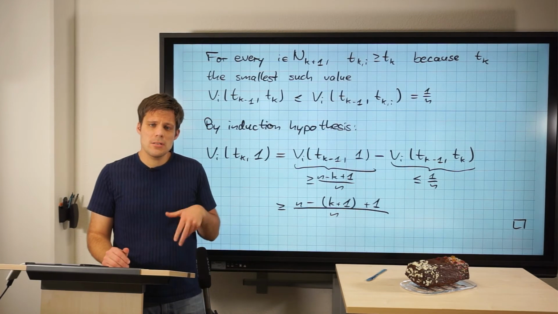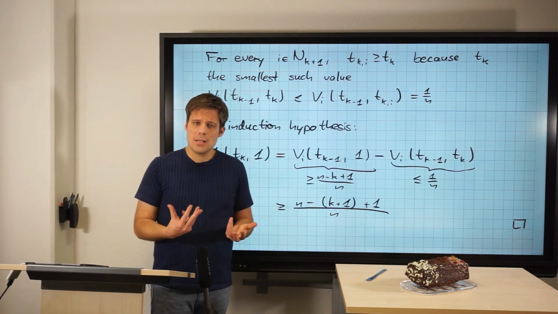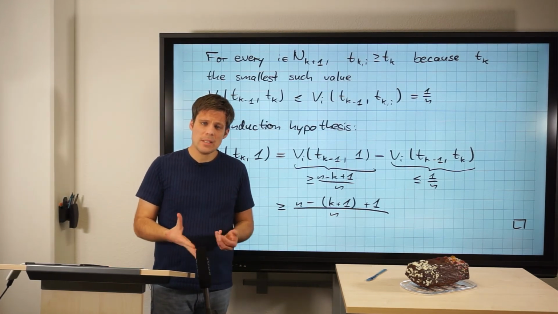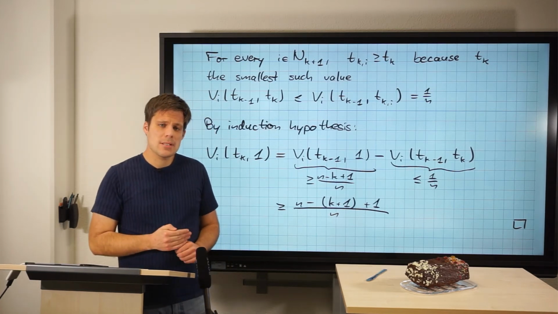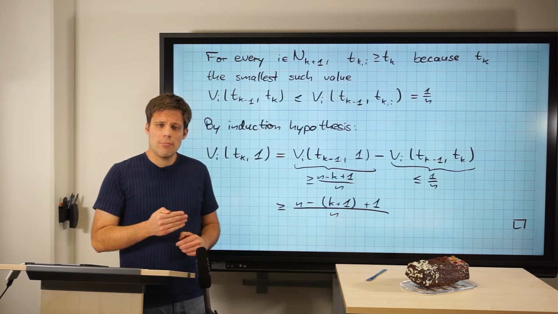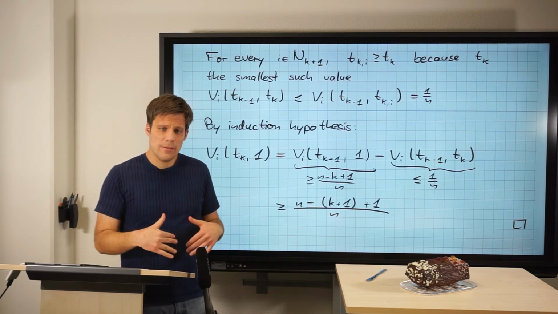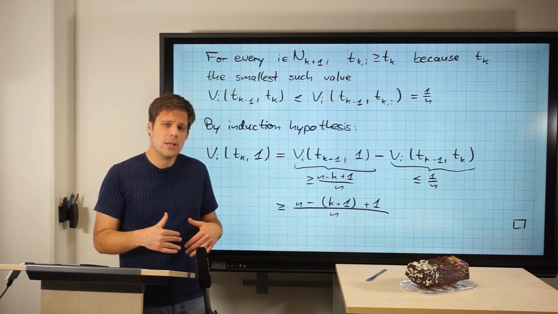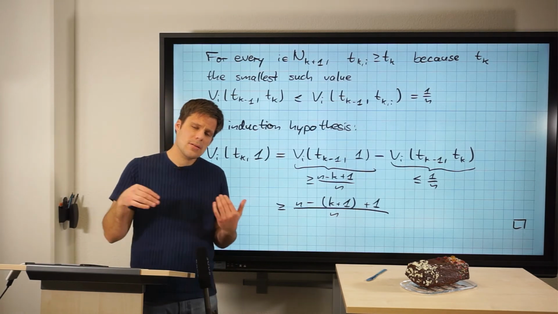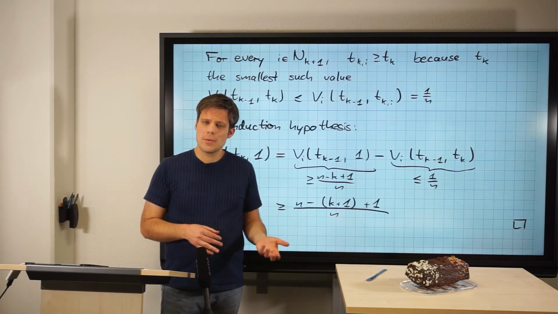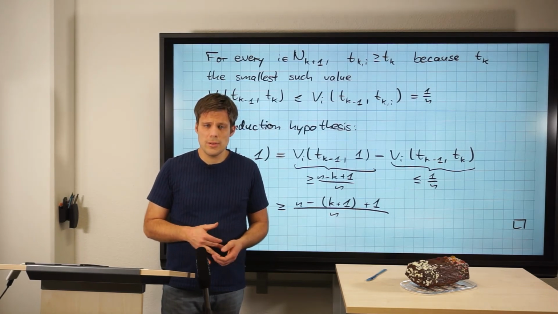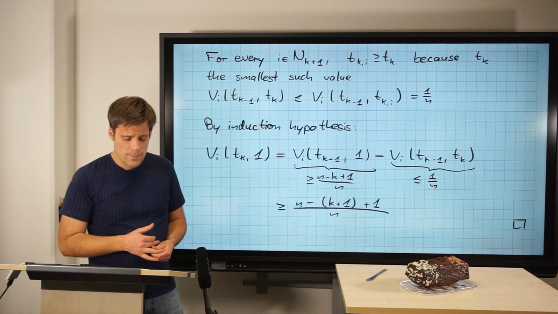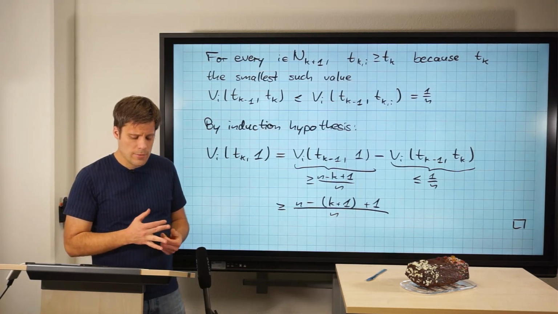And because we can do this in every step, this is a well-defined algorithm in the sense that there is always this point for which I myself am getting a 1 over n fraction, and also that this remainder also has a certain value to this agent, whoever is getting this.